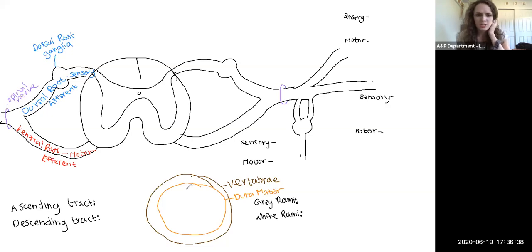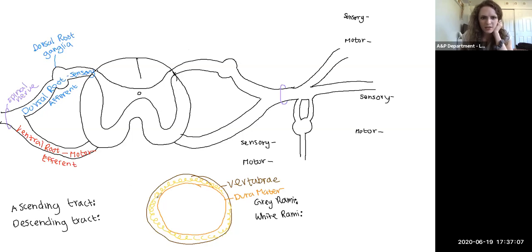I don't know what it actually is. Your bone and your dura mater don't actually sit right on top of each other. In between, they've got a bunch of fat and blood vessels and adipose tissue and areolar tissue. I said fat twice, but you've got blood and fat packed in between your vertebrae and your dura mater.